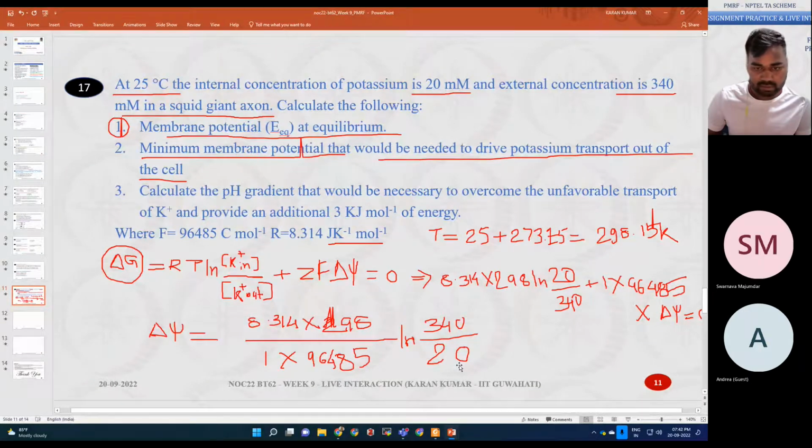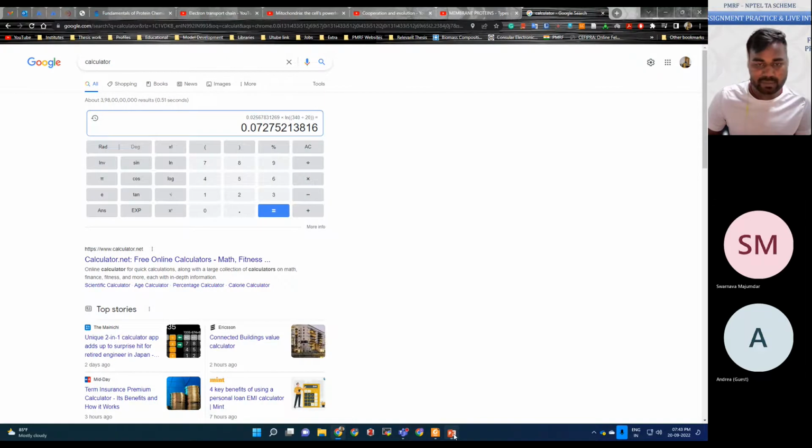Is there anything wrong? 20 millimolar. Yeah. But your concentration will be per mole, that means you need to multiply this value by 1000.